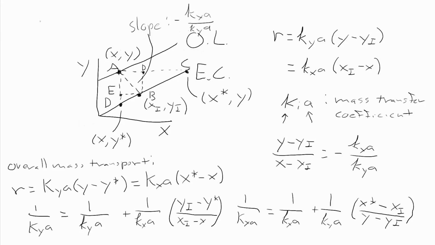So let's write it over here. yi minus y star is equal to ED. Similarly, down here, xi minus x is going to be this line segment, BE.